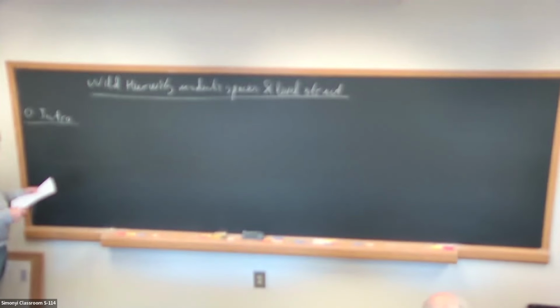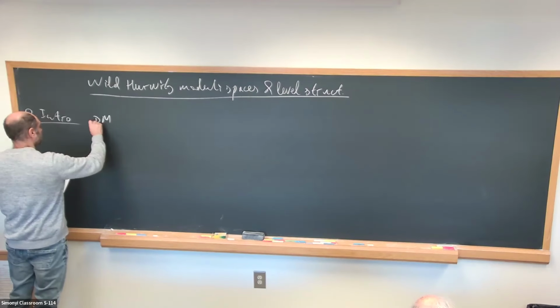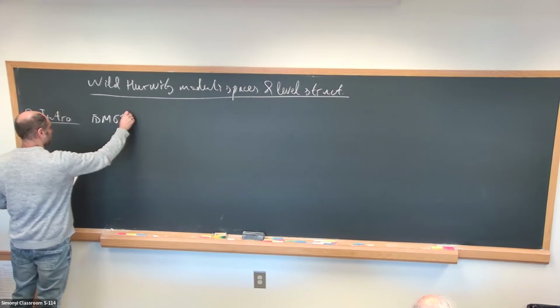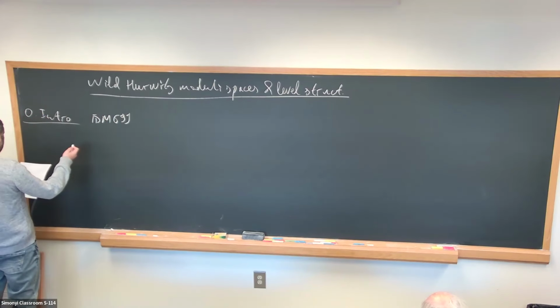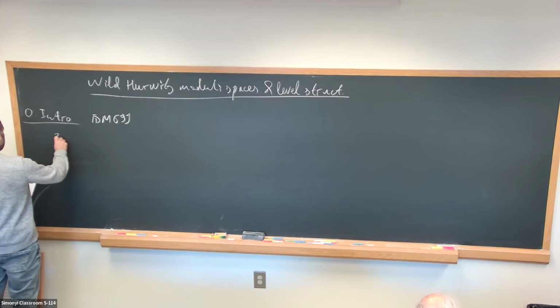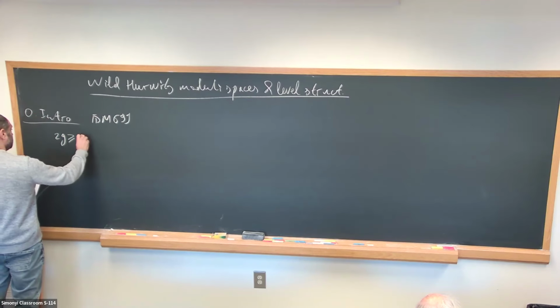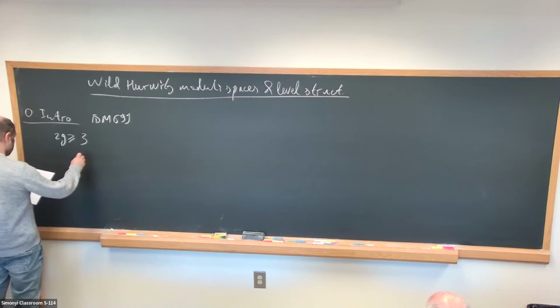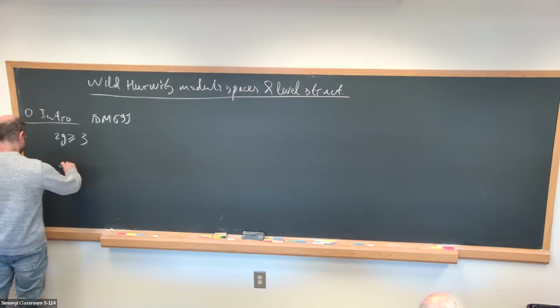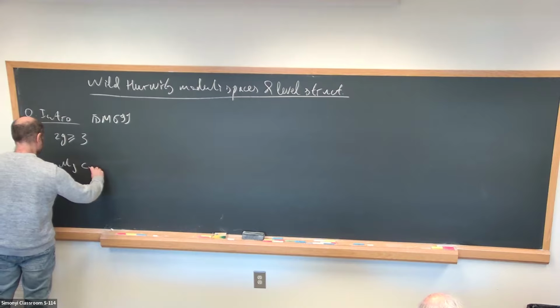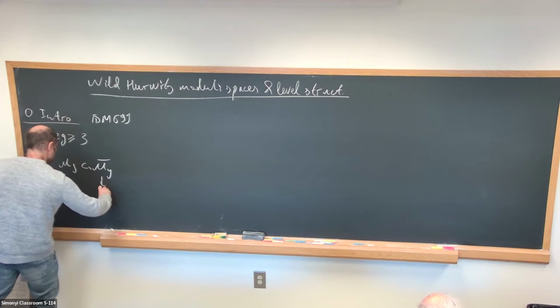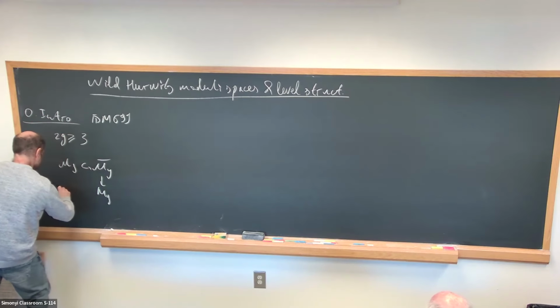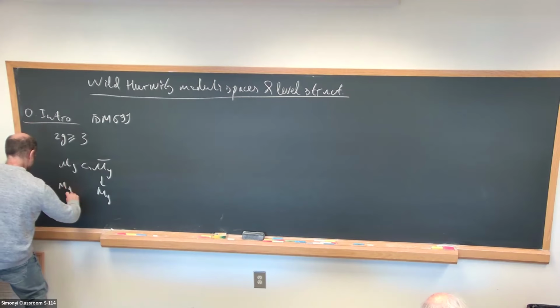done by Pierre in 69 with Mumford. So if 2g - 2 is greater than 0, then there is such a diagram of moduli spaces, of coarse spaces and fine moduli spaces of curves of genus g.